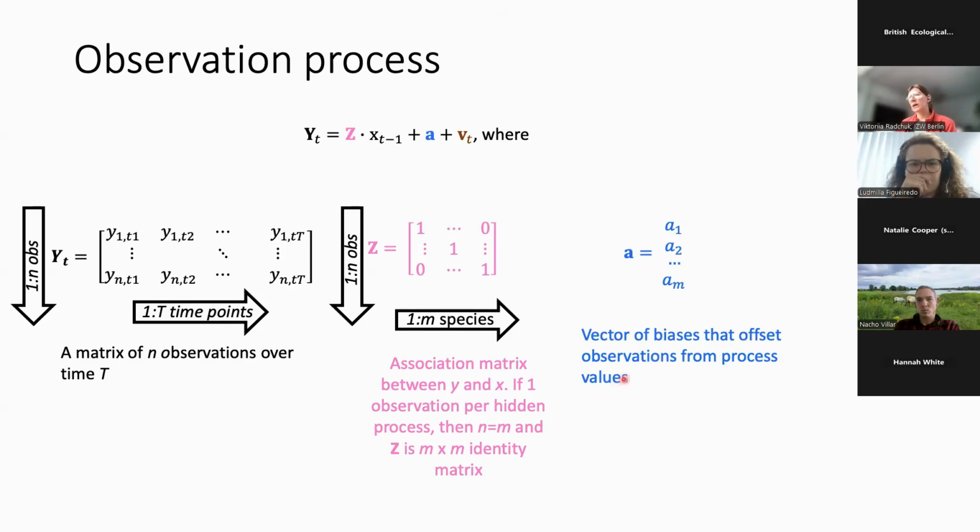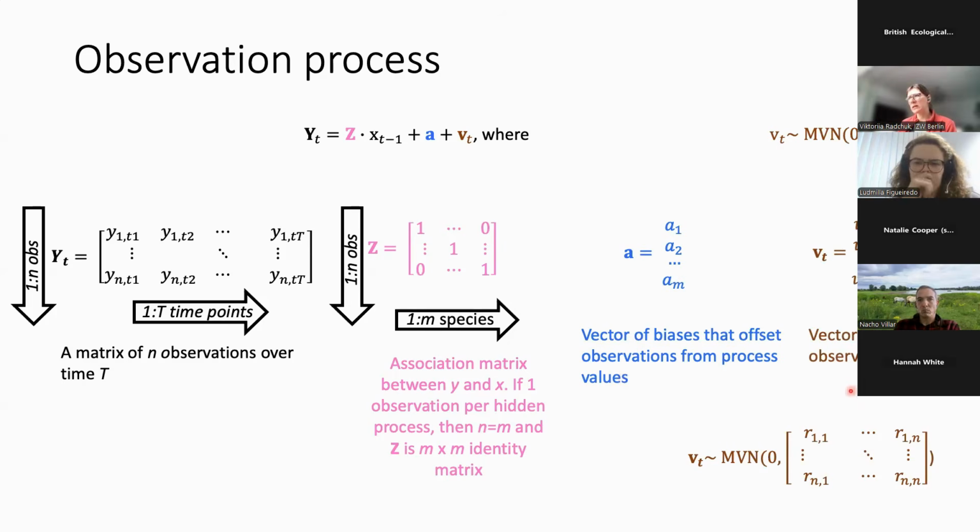And then A is a vector of biases that offset observations from the process values. And V_t is a vector of observation errors that are distributed according to a multivariate normal distribution. This is the mean of 0, and the standard deviation of R, which is a variance-covariance matrix of our observations.